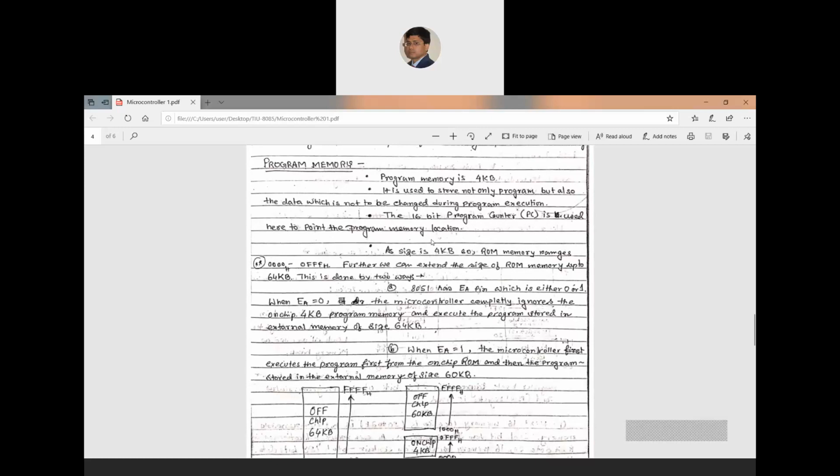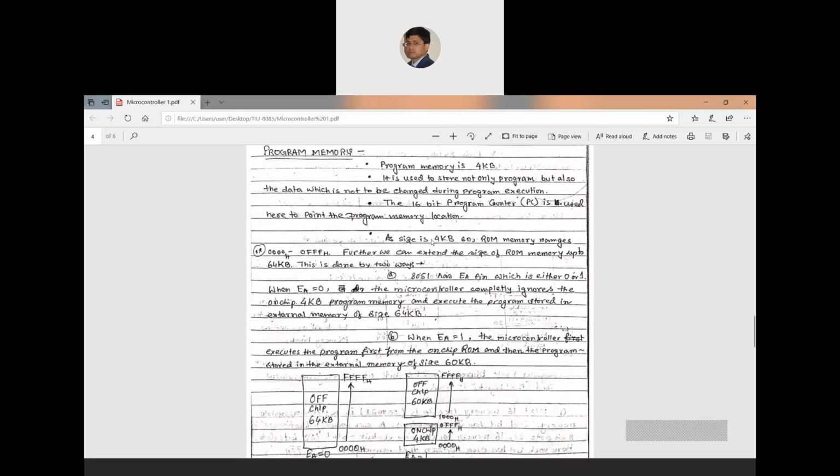This is very similar to the 8085 microprocessor. There also a program counter of 16-bit length is available, used to locate each and every address of the memory space. Here also the program counter having the same 16-bit length is used to locate the address of the memory space. Now, it is talking about 4 kilobytes.